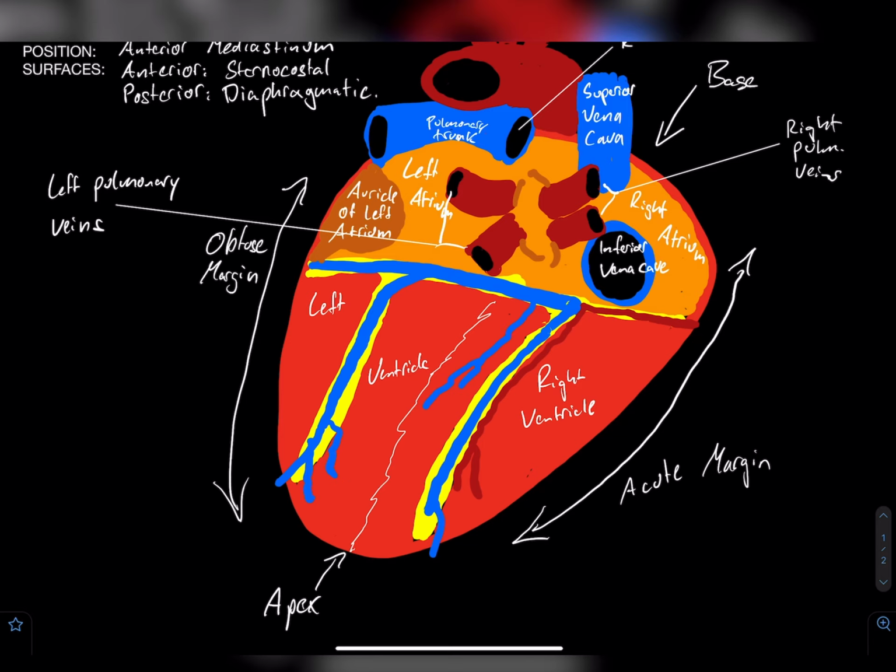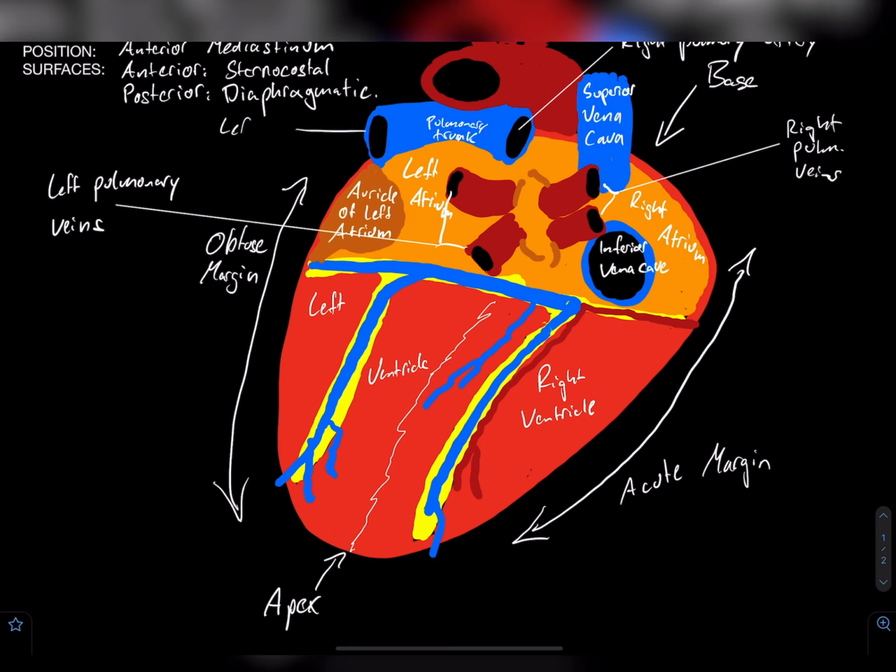And of course here we have the right pulmonary artery and the left pulmonary artery. Here we have the aortic arch. And that's basically it for the big major vessels on the posterior side of the heart.